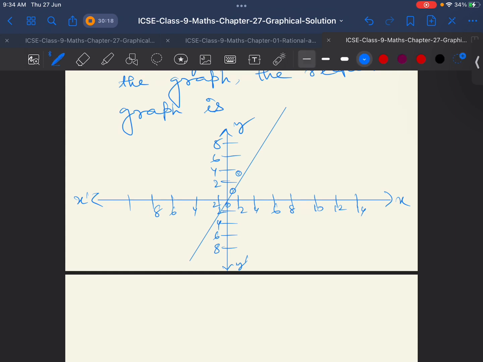Okay, this is the line. Our 2, 3 point is here.